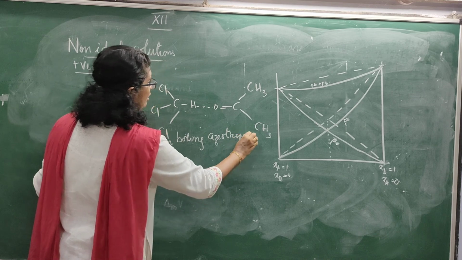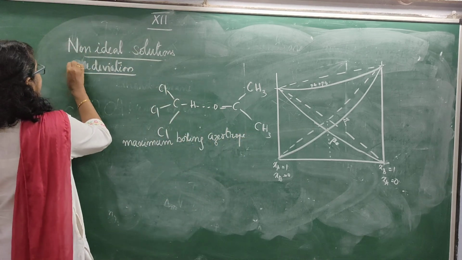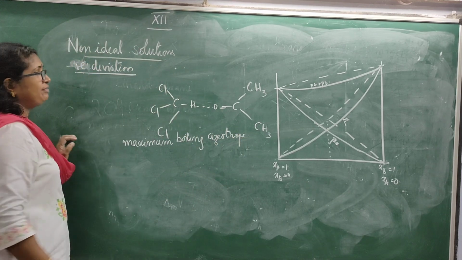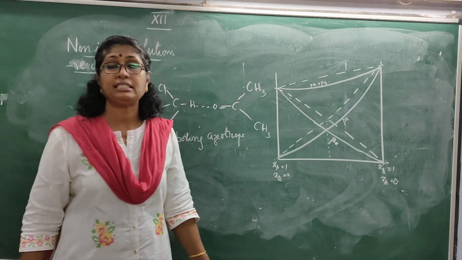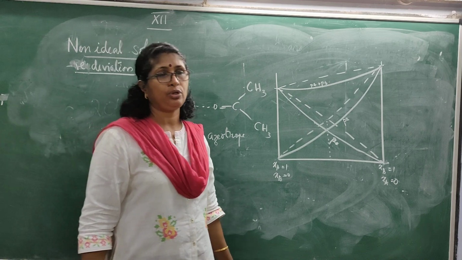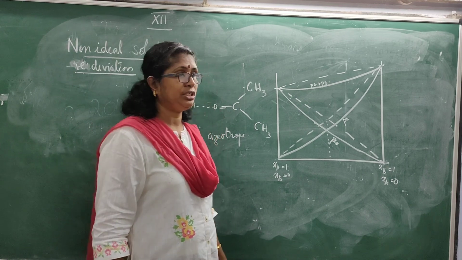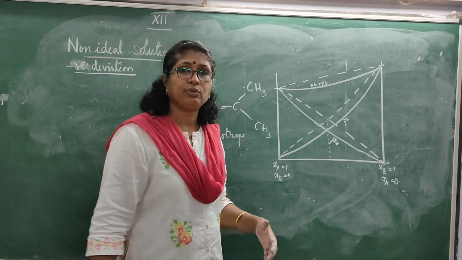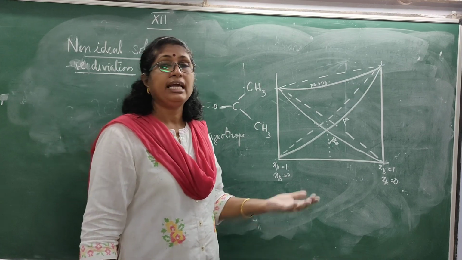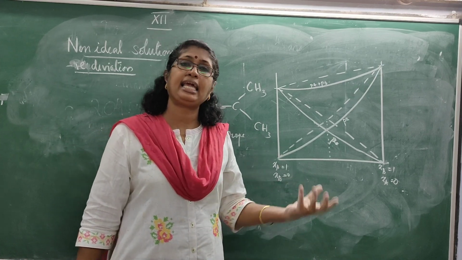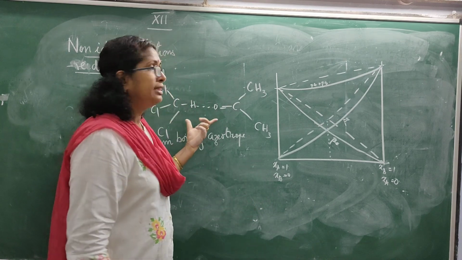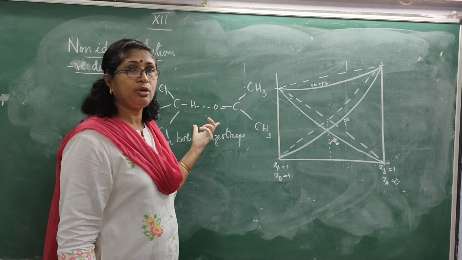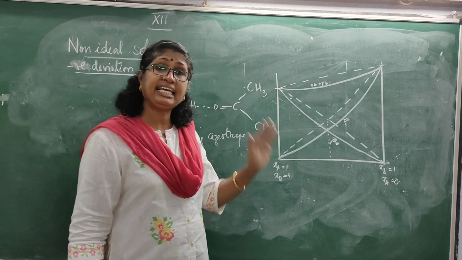So solutions with a negative deviation form this type of azeotrope, that is maximum boiling azeotrope. So what is negative deviation? If the new interactive force, that is AB interactive force, is much stronger than AA or BB interactive force, then they form hydrogen bonding, so the rate of evaporation will decrease.